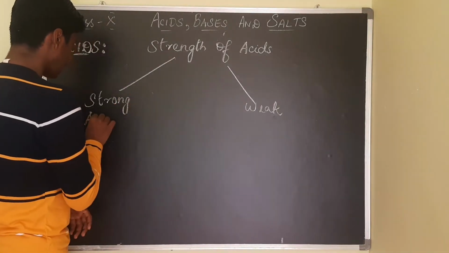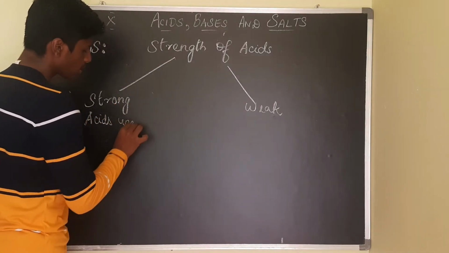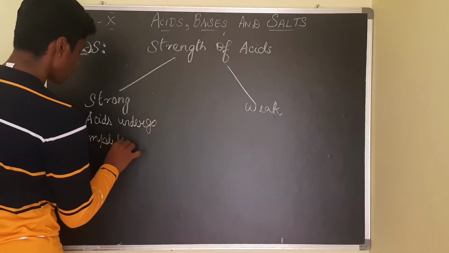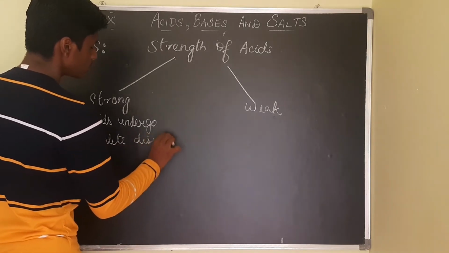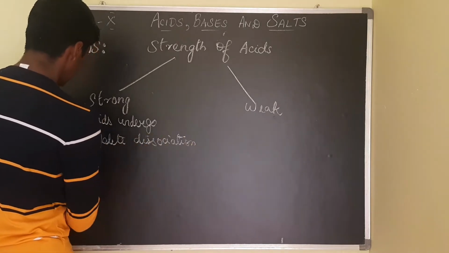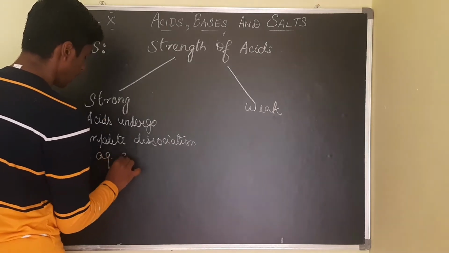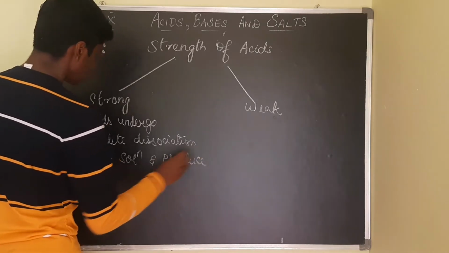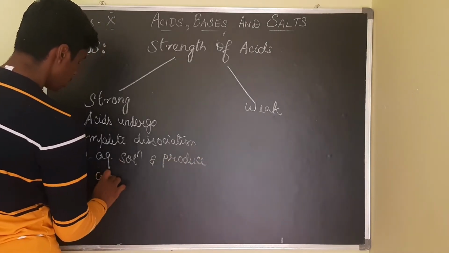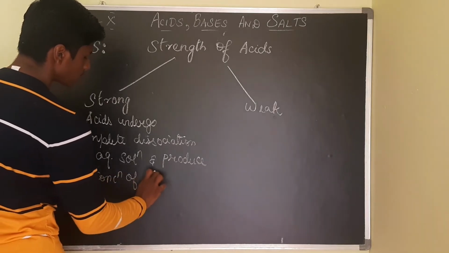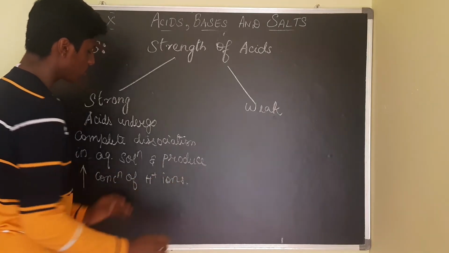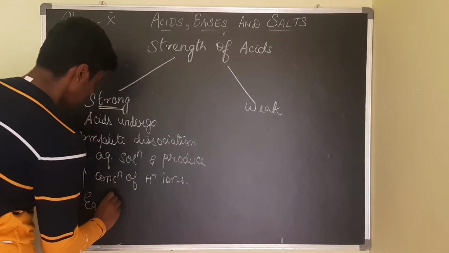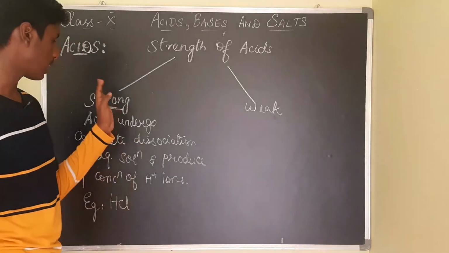Strong acids are those acids that undergo complete dissociation in aqueous solution and produce a high concentration of H plus ions. For example, HCl. So HCl is a type of strong acid.